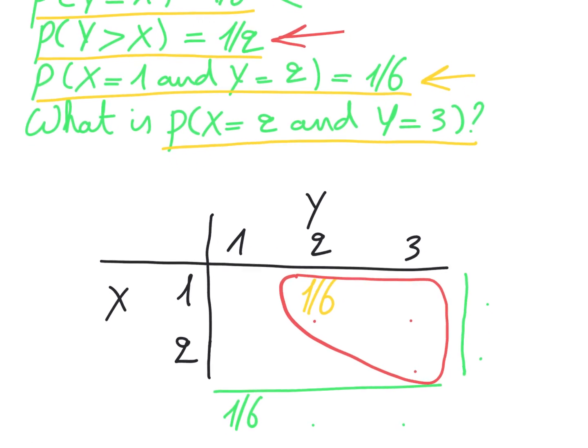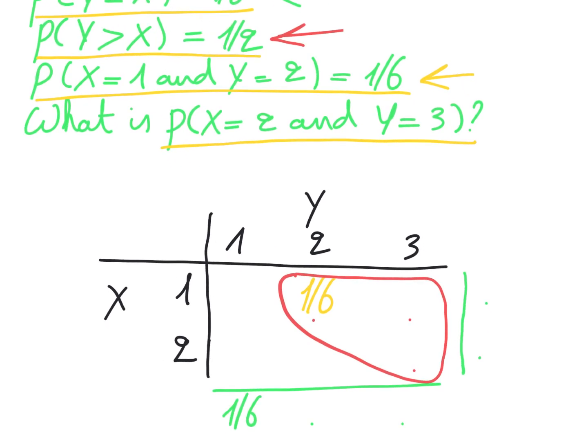We also know that the probability that y is equal to 1 is 1 over 6. So this area over here has a probability of 1 over 6. Well, that actually allows us to compute this value over here, the probability that y is equal to 2 and x is equal to 2. Because we know that the red area, the larger area over here, has a probability of 1 over 2, and this has a probability of 1 over 6.